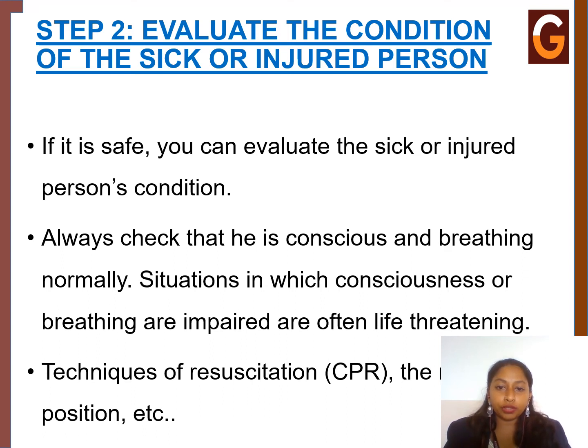These three are important aspects. If these three are okay, then we will check their consciousness, how they are breathing, and whether any injuries have happened. This is one end. At the other end, if the ABCs are compromised, then we have a life-threatening situation, so we need to immediately start with CPR.